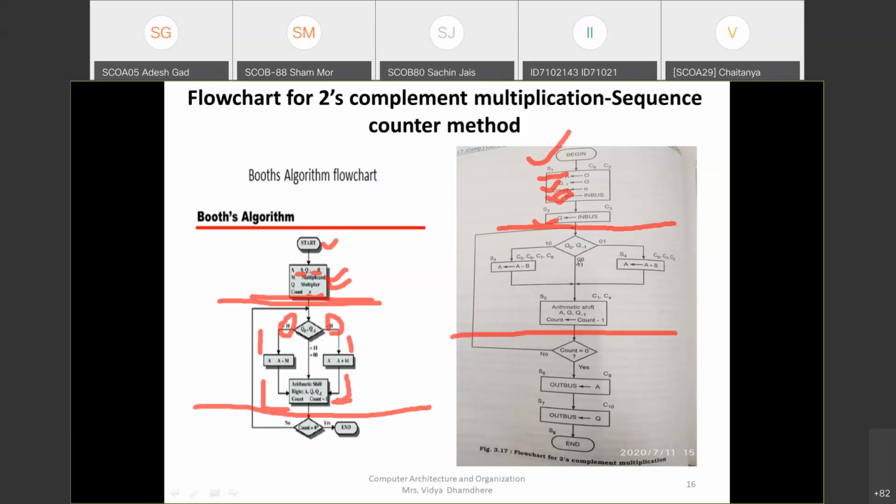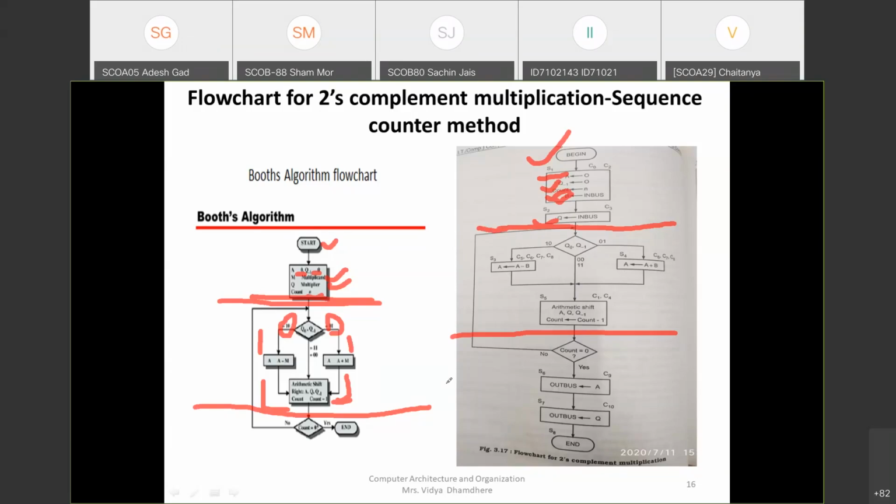The only difference is that in that algorithm, we have not written the sequence numbers as well as the control signal numbers. C1, C2, C3, C4 are control signal numbers, and S0, S1, S2, S3 are the sequence numbers of the operations we are going to perform. That is, we are dividing one instruction into sub micro-instructions.